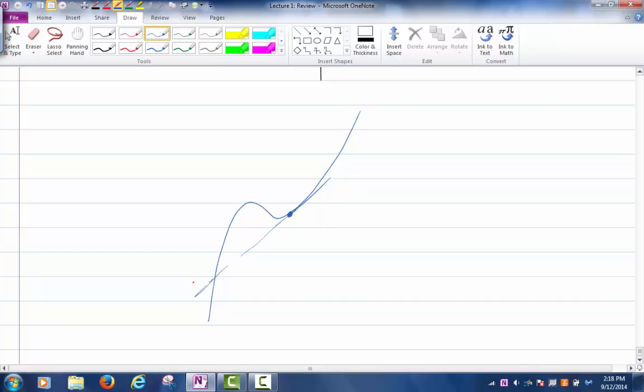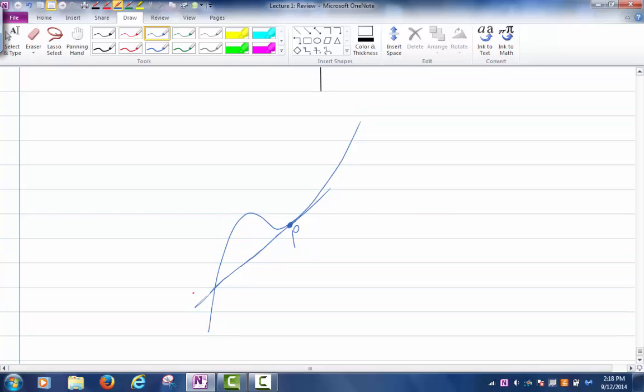Notice that the tangent line at this point P may intersect the curve somewhere else, right? So the definition that it touches the curve at one point only doesn't work in general for any curve. So what is a tangent line intuitively?